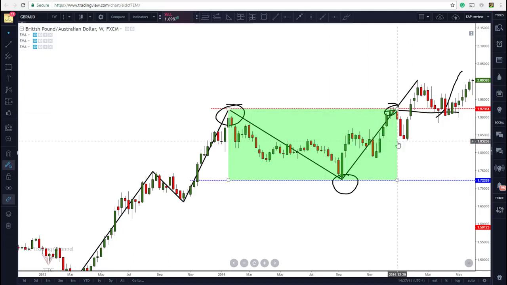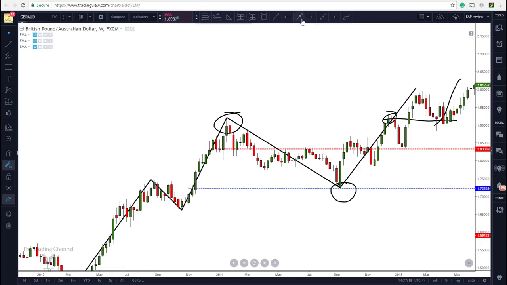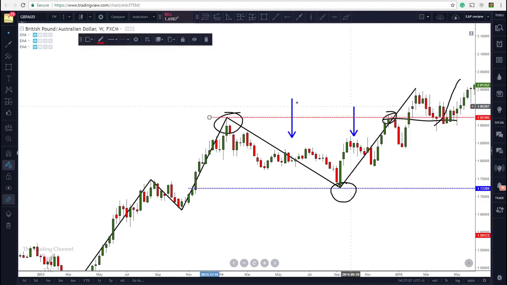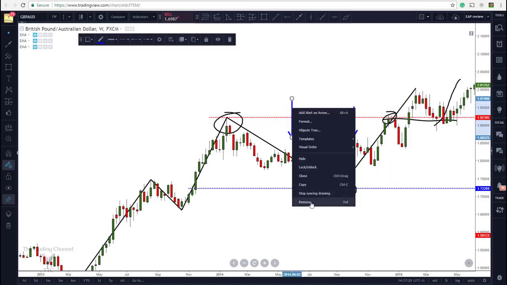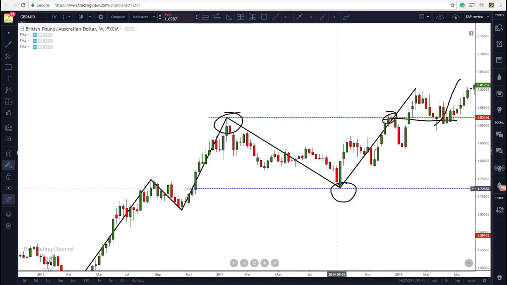Other examples of that would be right in here, because that level has acted as resistance before, and even this lower level represented by our blue line. Any of those levels are highly likely places for the market to continue in its uptrend, or in its current trend, which for the moment on the pound Aussie here is up.